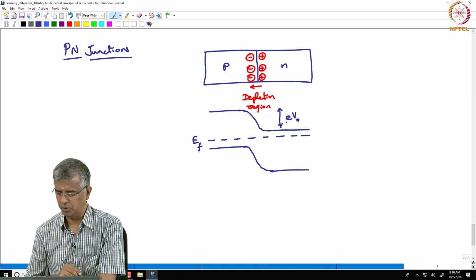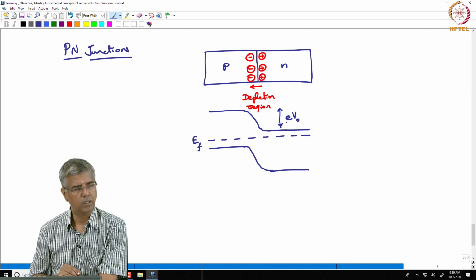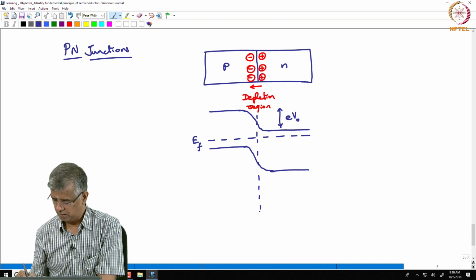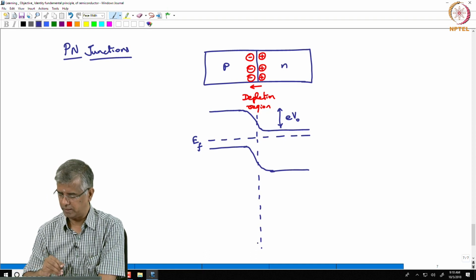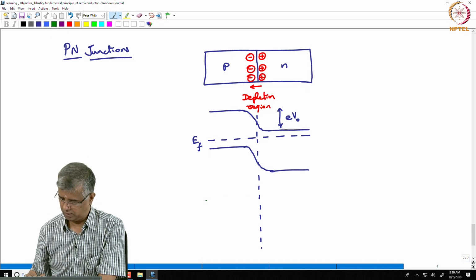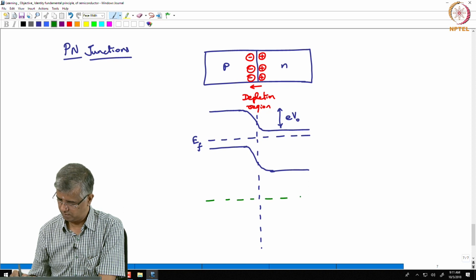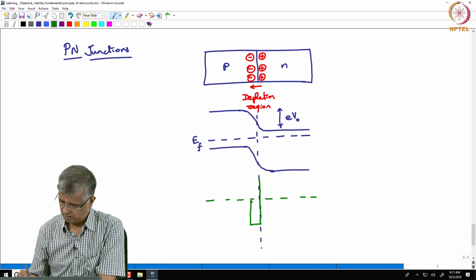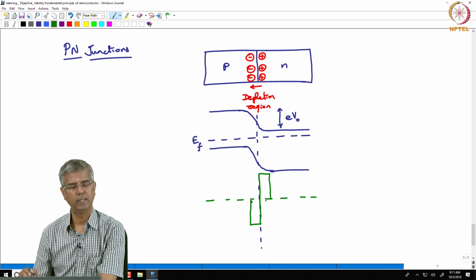So of course, you can also look at the distribution of the electric field across this junction, and to do that, let us say you are tracking the charge density. Okay. So the charge density is negative on this side, and then that is going up to positive charge density on the other side, right.